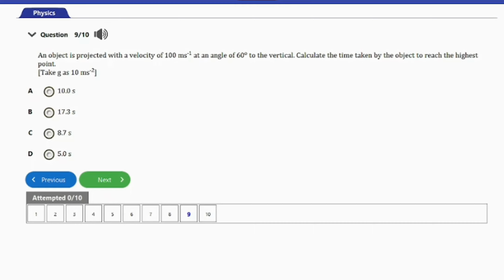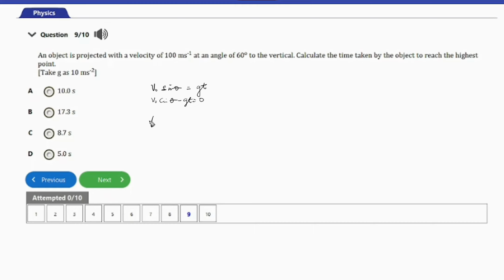So guys, let's note that here V naught sine theta minus GT is equal to 0, so V naught sine theta is equal to GT.